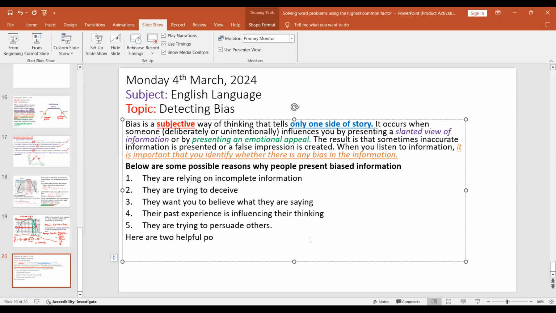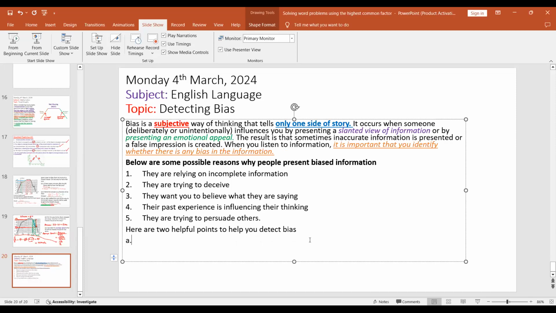Here are two helpful points to help you detect bias. The first one is, pay attention to see if both sides of an issue are covered equally.